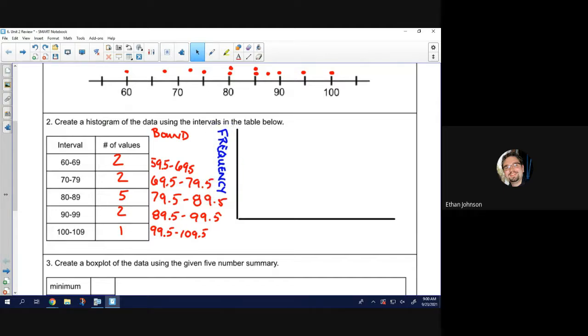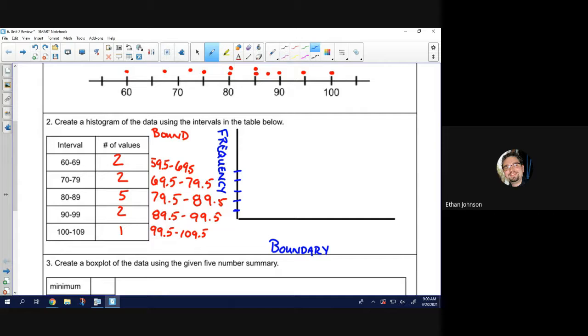And going left to right is our boundary. Our highest frequency is 5. I want to make sure we have at least 5 hash marks, trying to keep the same distance between each of them.